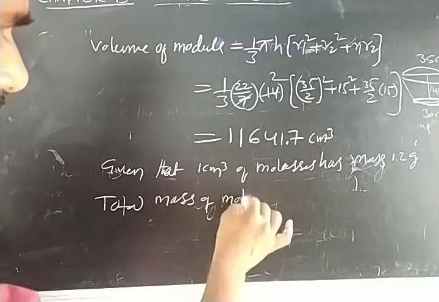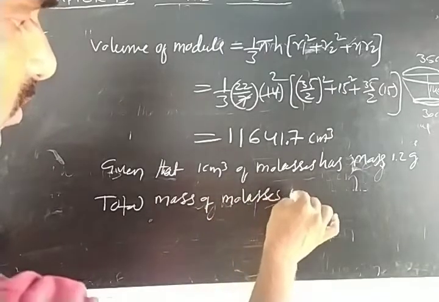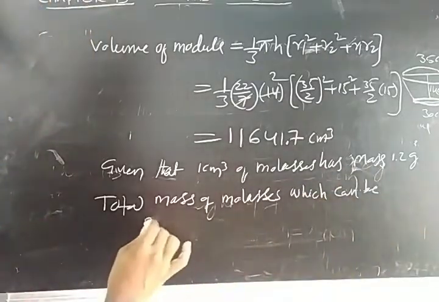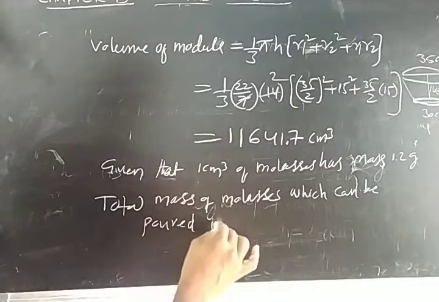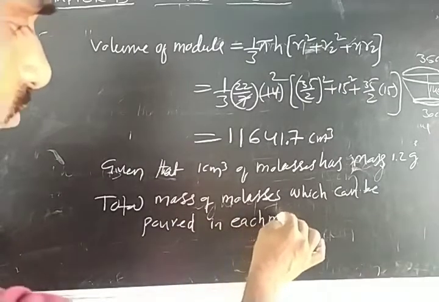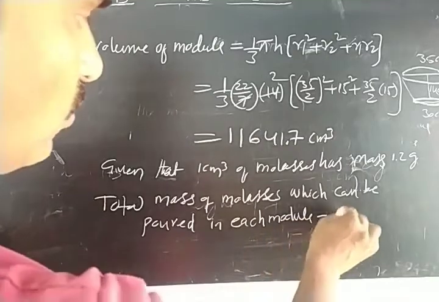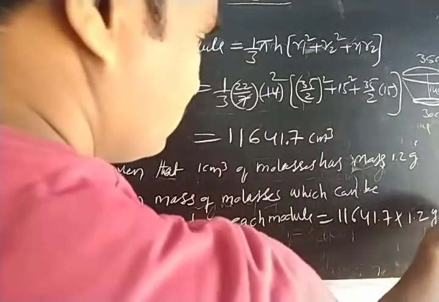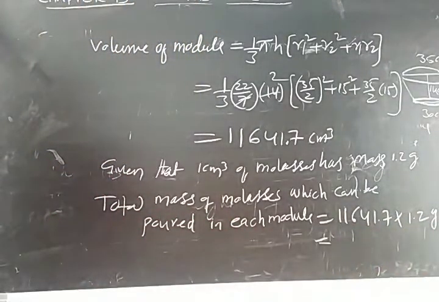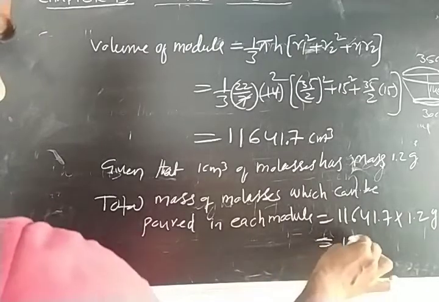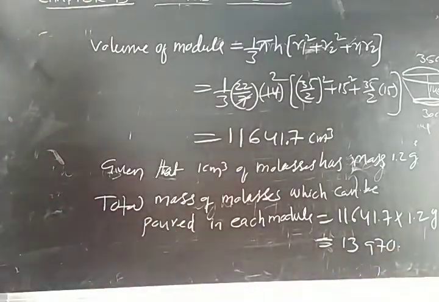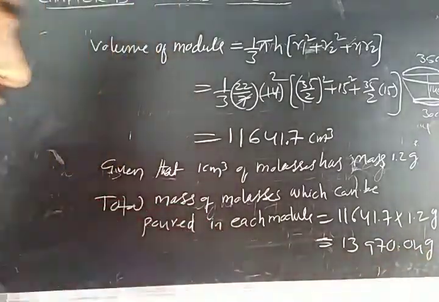So the total mass of molasses which can be poured into each mold is 11,641.7 into 1.2 grams. If you multiply this, you will get 13970.04 grams.